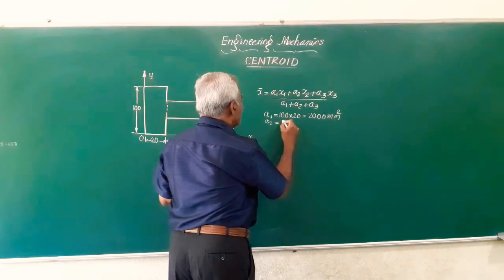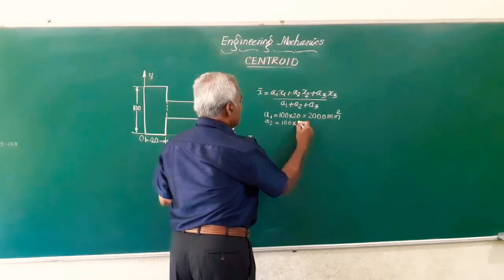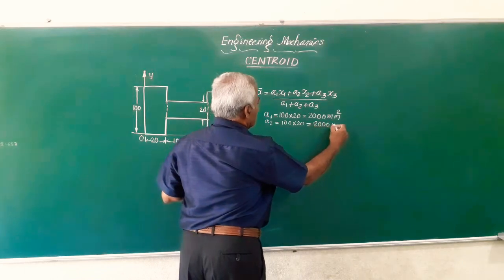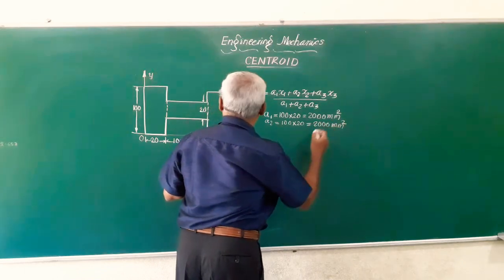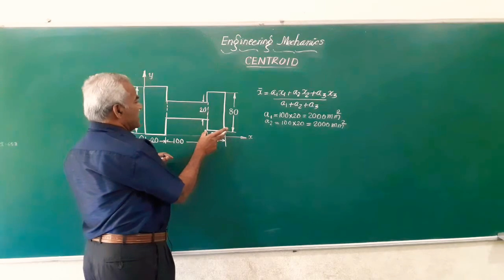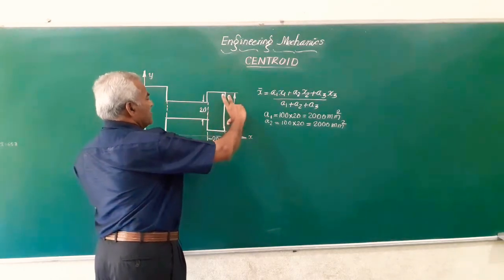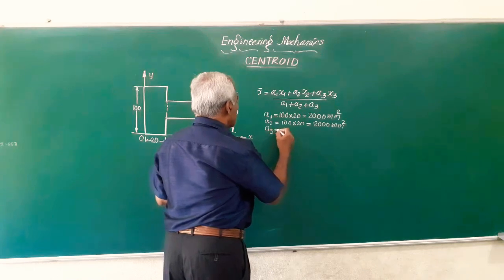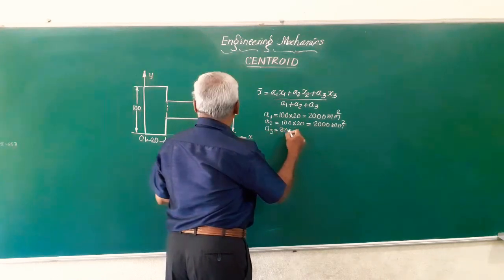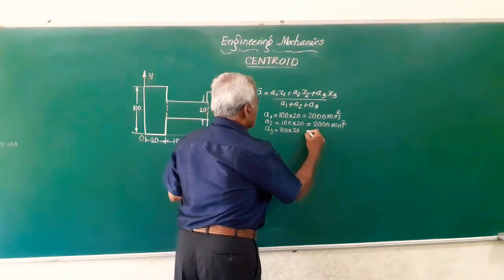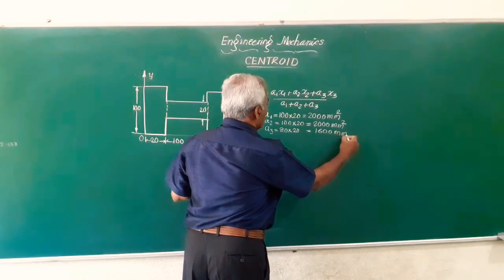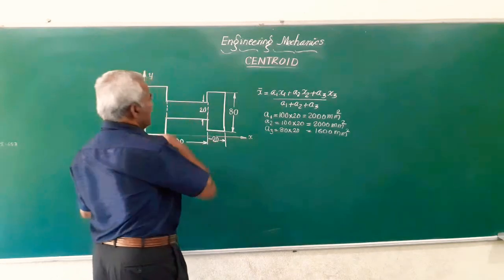A2 is also equal to 100 into 20, that is 2000 mm square. Finally, the last rectangle has an area 80 into 20, so area of the third rectangle is 1600 mm square. So we have got the areas of all the three rectangles.